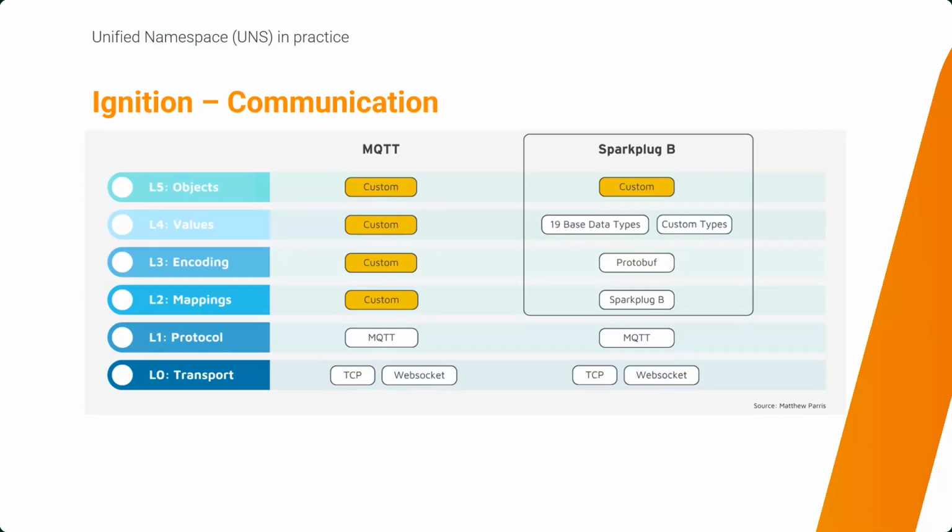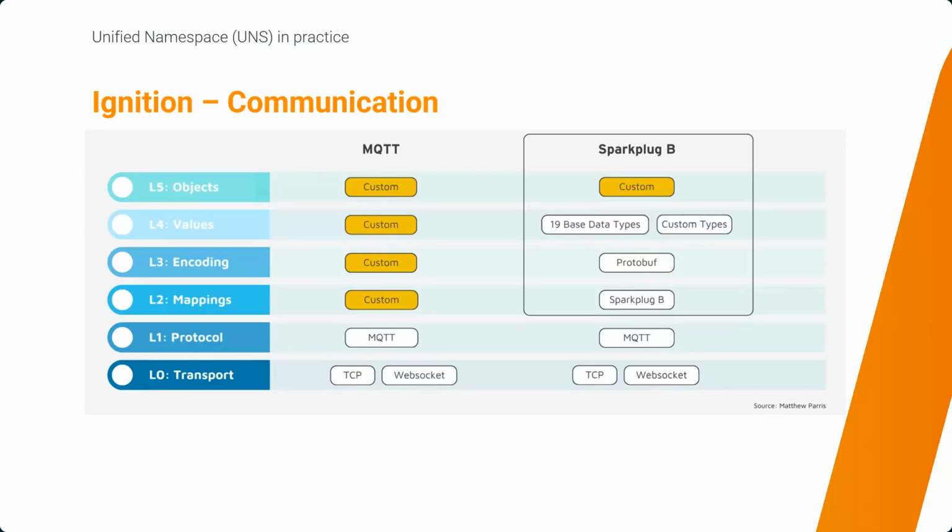Of course, on the transport level, it uses TCP or a WebSocket, and then it's using the protocol MQTT. On top of that, we call it flat MQTT, we can define our own mapping, our own encoding, our own value structures, and our own objects. Well, we can define all of that, which is a major task of someone who needs to incorporate MQTT communication, defining how communication will take place.